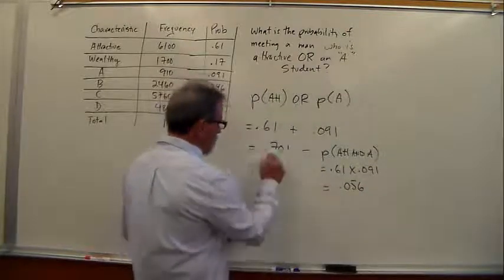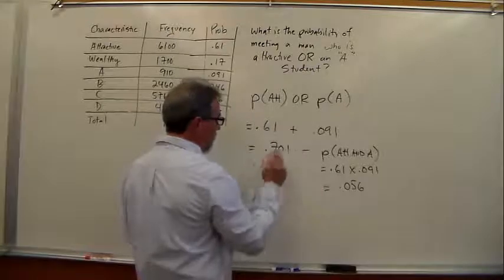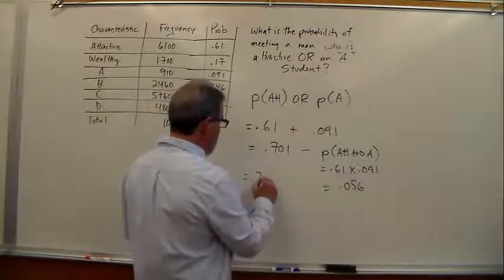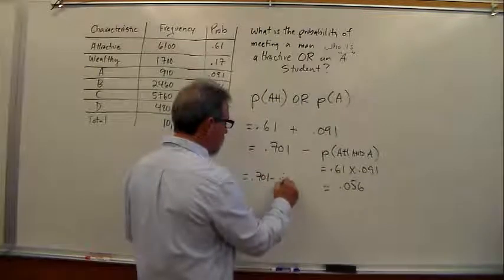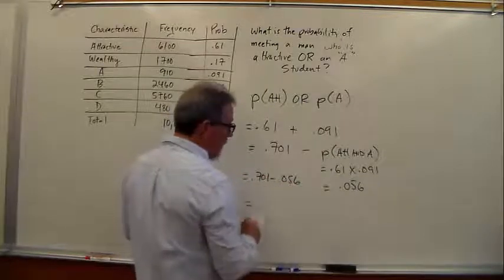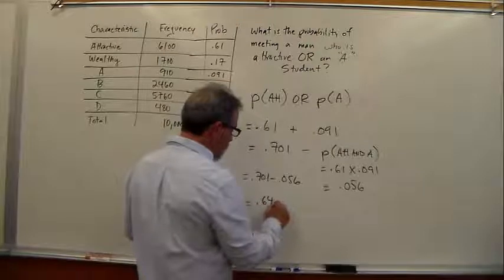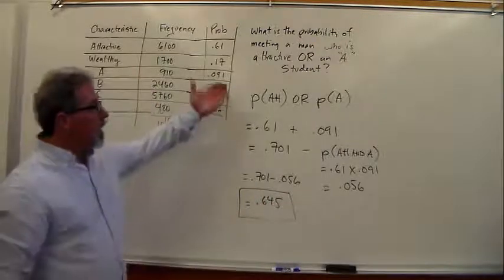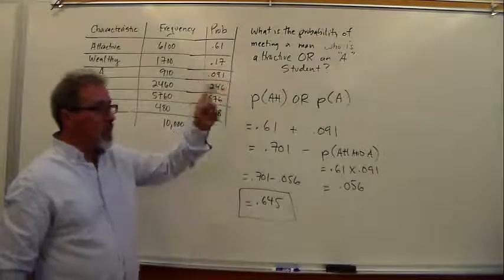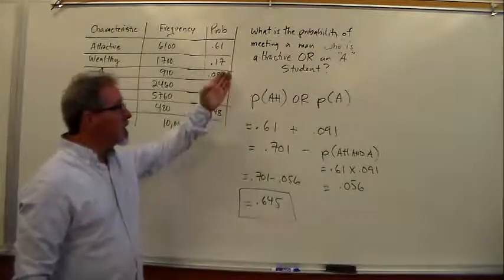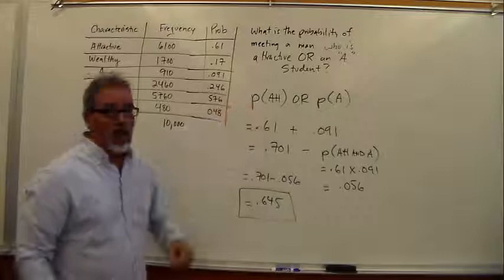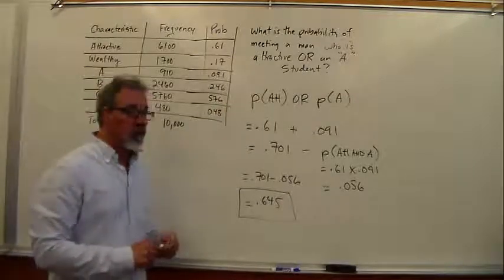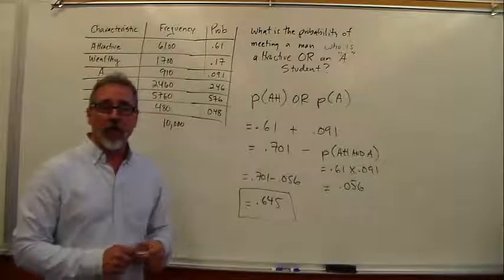So to do this properly, the true or condition here, because it is non-mutually exclusive, we have to take 0.701 and subtract 0.056, and we get 0.645. That is the true probability that the next person walking in the door will be either an attractive male or a male who is an A student, because it's a non-mutually exclusive probability. That's the or condition.